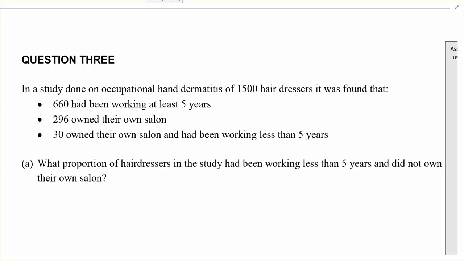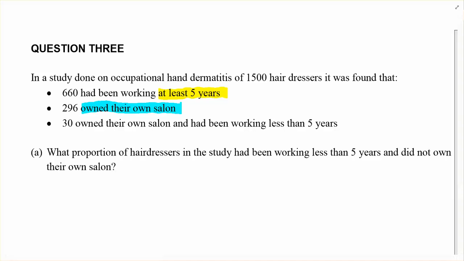Howdy. So this is question 3 of the 2015 Lincoln High Level 3 probability exam. In a study done on occupational hand dermatitis, of 1,500 hairdressers, it was found that 660 had been working at least 5 years, 296 owned their own salon, and 30 owned their own salon and had been working less than 5 years.